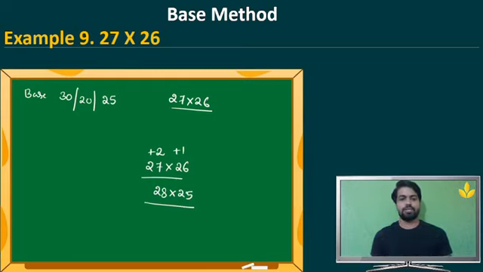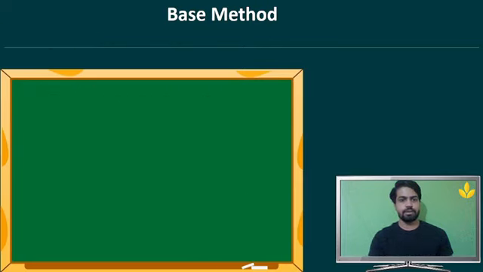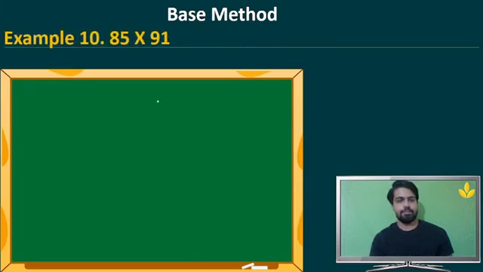You can imagine this as 25 into 25, 625. One more 3 is left. 3 into 25 is 75, which is going to give you 700. So I'm going to write this as 700, and then plus 2 into plus 1 is plus 2. When you add this, you get 702. This is your answer. Let's see one more example.